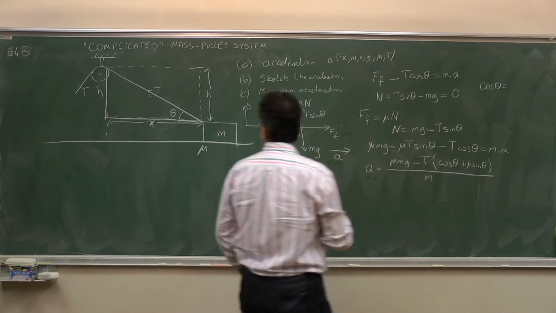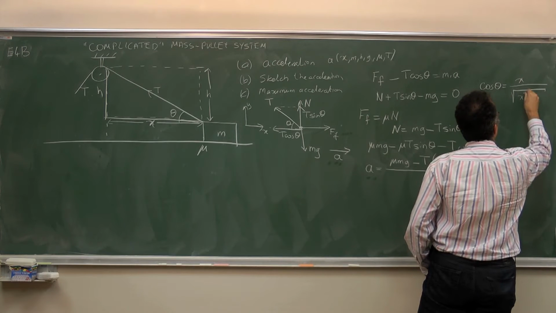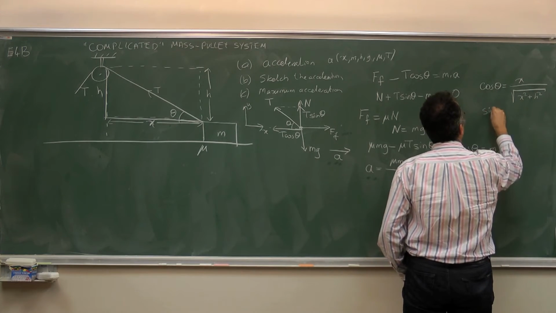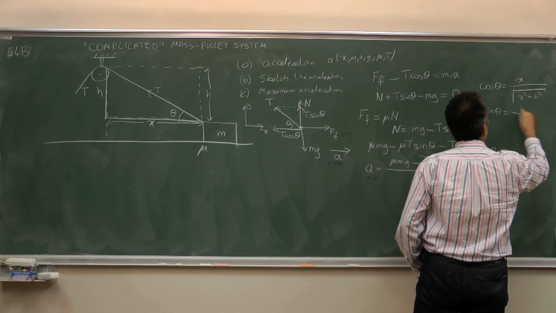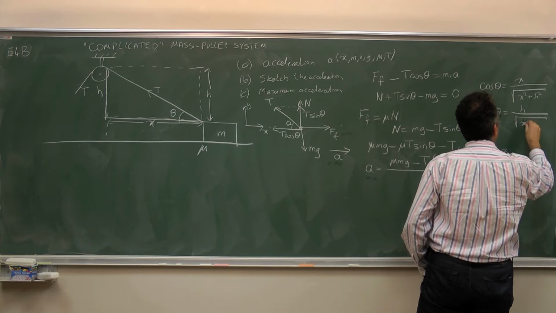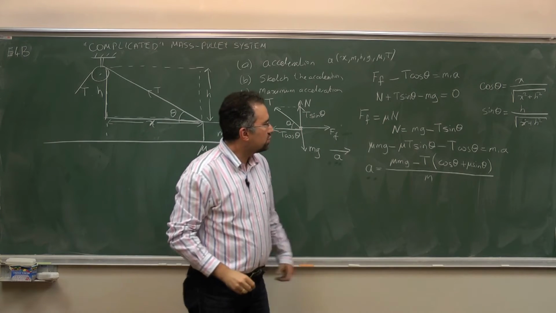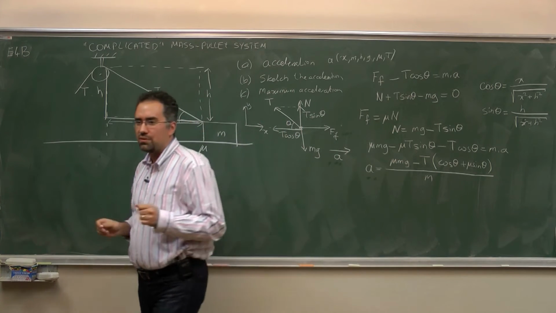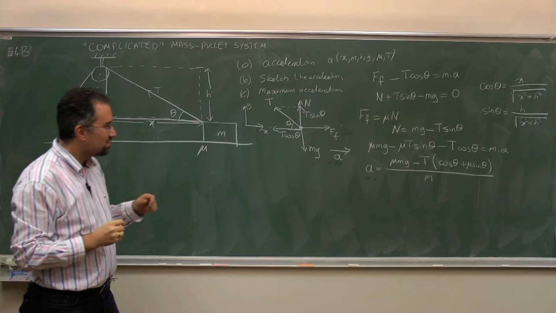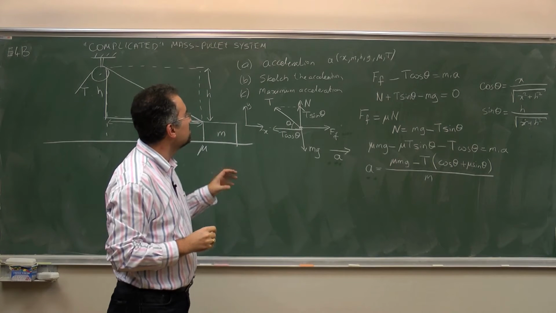Cosine theta is x over square root of x squared plus h squared, and sine theta is h over square root of x squared plus h squared. I could substitute that there, but I'm going to leave it as an exercise for the student. It's just going to take up valuable board space.